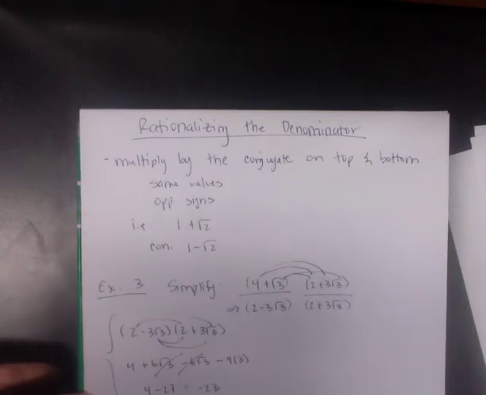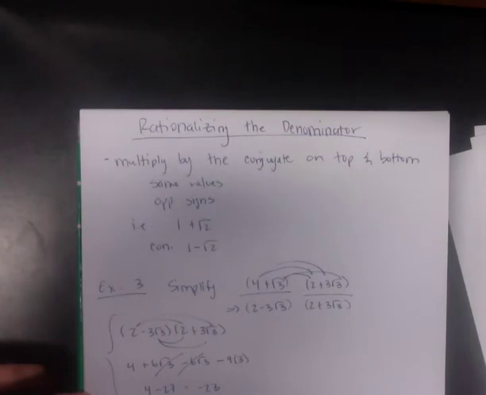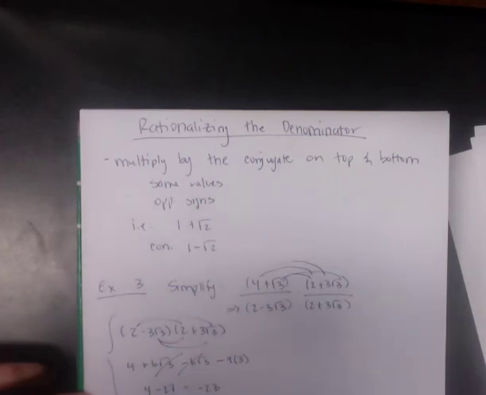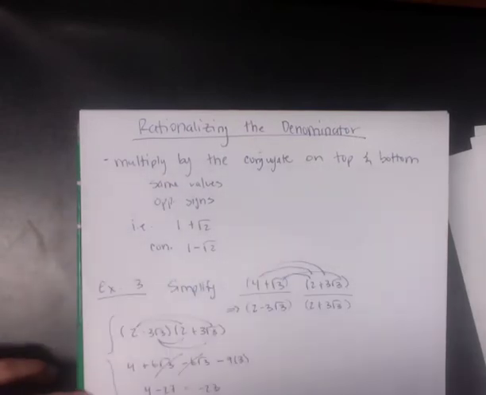Now, often you will see this broken into two fractions, negative 17 over 23 minus 14 over 23 root 3. I will accept either form. Okay, we'll get into later when this is not acceptable, but this is okay with radicals. And again, we look to see, can we simplify any further? No, we cannot.